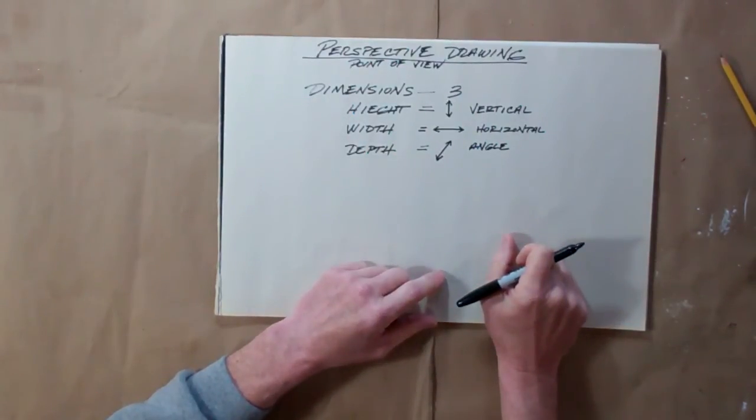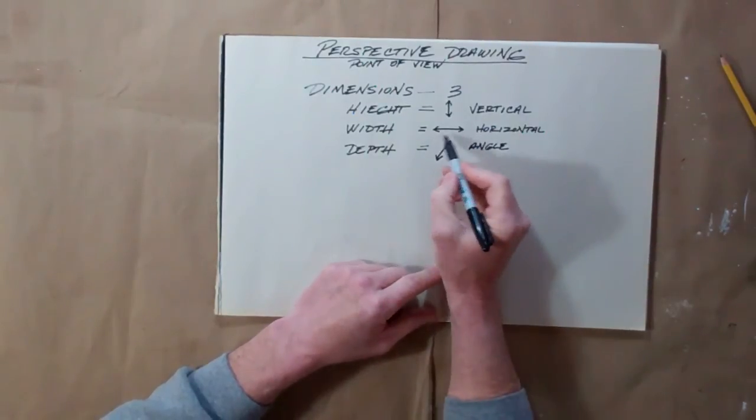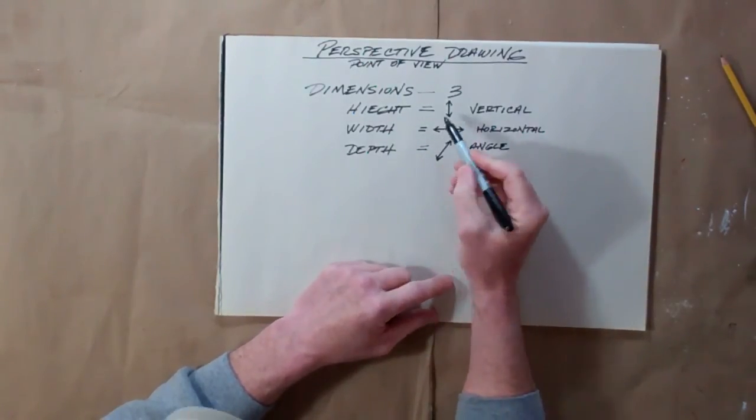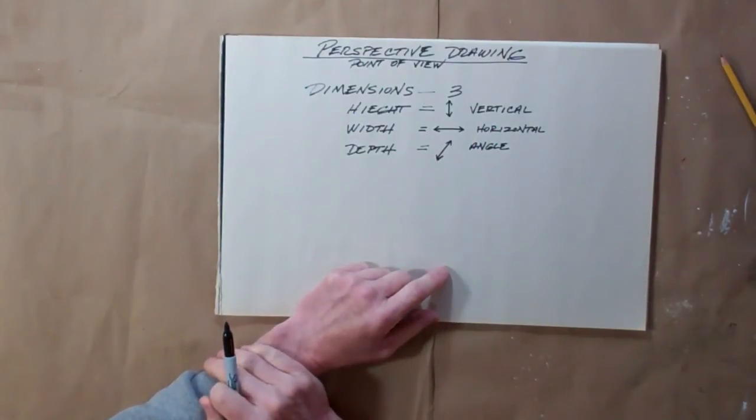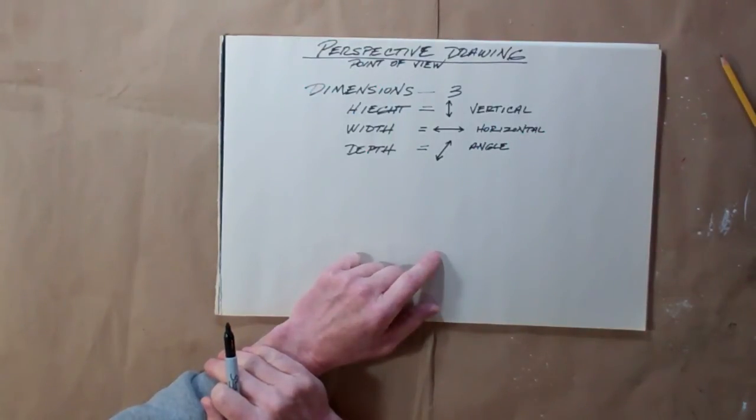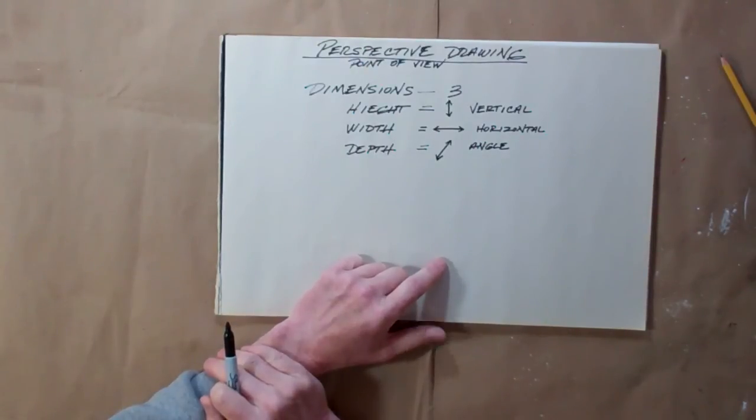And how do you know how to make these lines? Okay, these are easy. Going straight across, straight up and down. How do you know how to do this one at an angle, and what angle do you choose? Well, there is a method, and that's what I'm going to be teaching, is how to figure out what that depth line looks like. And there's going to be many of them in your drawings, and where do they go?